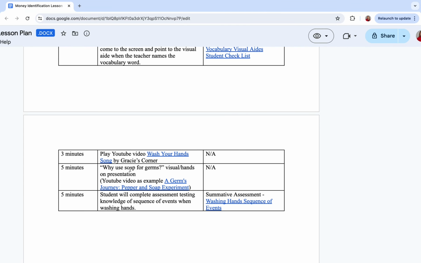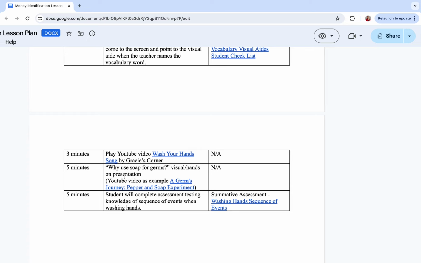In the next part of the lesson, we would watch a video and song about washing our hands. And then also, following that piece of the lesson, we would do a hands-on experiment with soap, water, and pepper to show the importance of soap and how it actually keeps germs away.